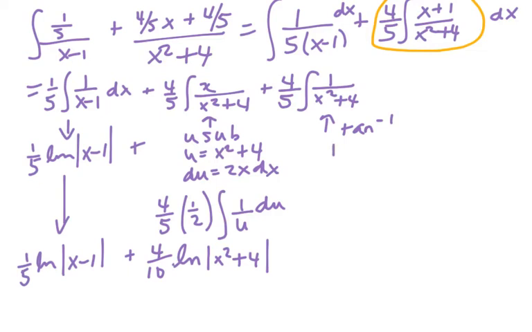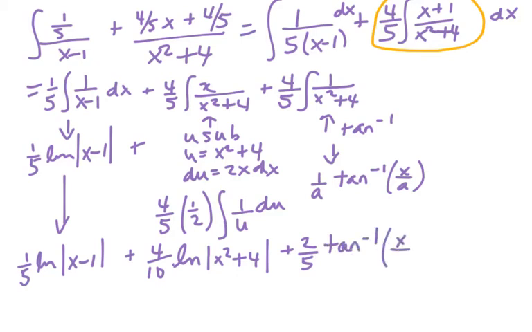And over here, we've got 1 over a, remember, tangent inverse of x over a. If you didn't recognize that, hopefully you didn't go and do a trig substitution on that, but you could. So 2/5 tangent inverse of x over 2 plus C. So that's your answer.